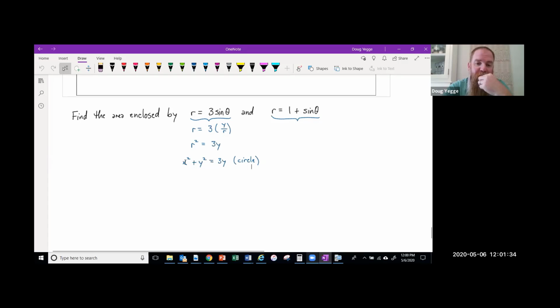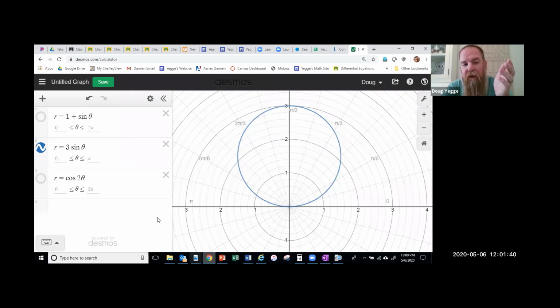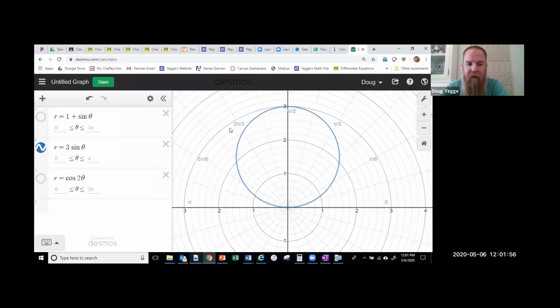But it turns out at this point, since I see x squared plus y squared, I know that this is going to be a circle. So we're just looking at Desmos at this point. And we should realize that 3 sine theta is going to be symmetric to the y-axis, but it'll also have a diameter of 3. So it's going to be touching the origin, the pole, extending out to 3 in the y direction, and that is what r equals 3 sine theta looks like.